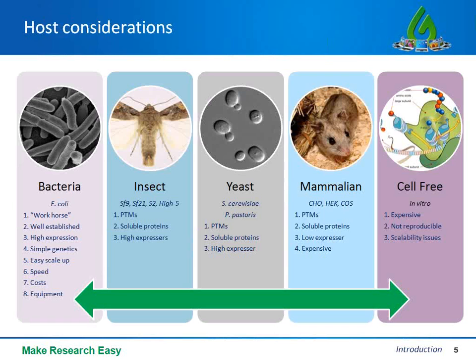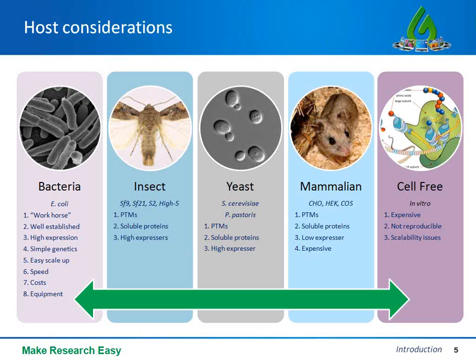So one of the most important things you need to consider before embarking on your project is the host, right? So traditionally recombinant proteins have been made in hosts like bacteria, insect cells, yeast cells, or in cells of a mammalian origin. There are also kits available that would allow you to make protein in vitro using a cell-free translation system. Now given this kind of choice, how do you select which expression system to use?